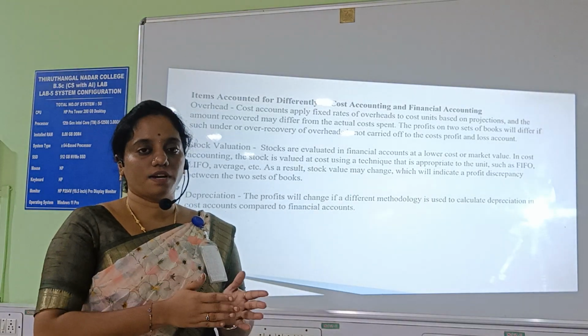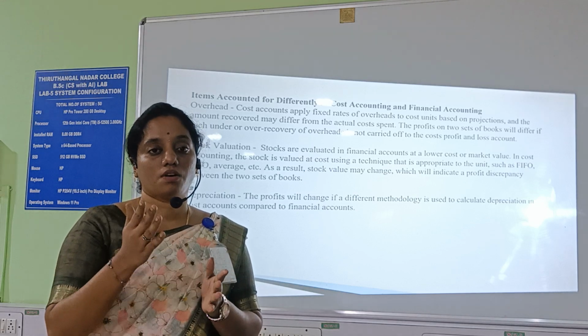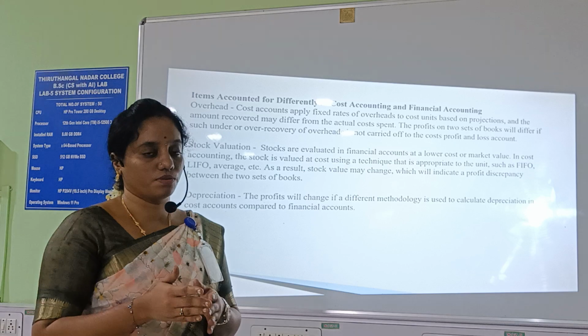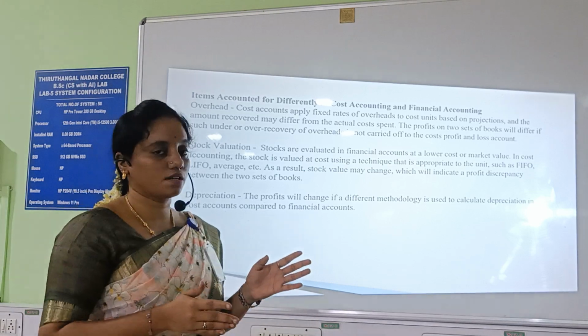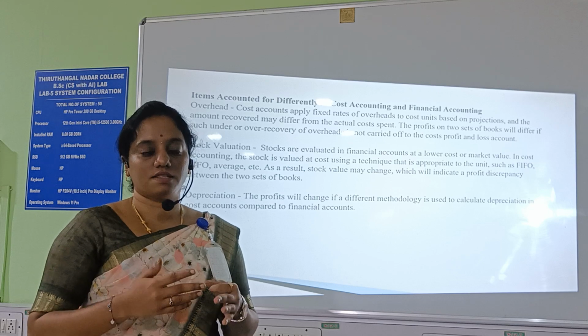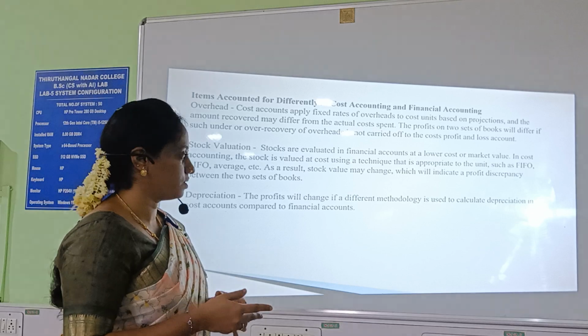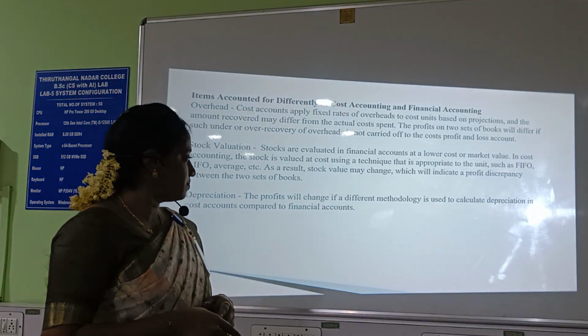Why? Because financial accounts usually follow cost or market value, whichever is lower, and in cost accounts, the FIFO method, LIFO method, and other such methods are followed to arrive at the cost of production.